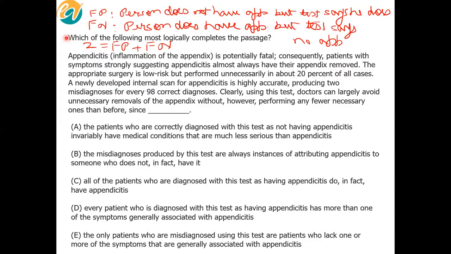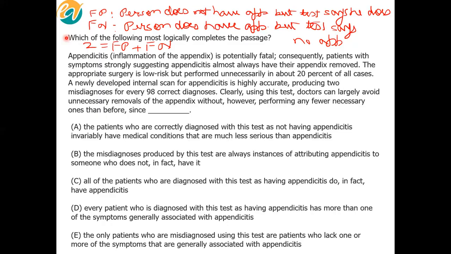Now they are no longer dependent on symptoms. They will go with whatever the newly developed scan is showing, correct? With the newly developed scan, when would it be the case that the surgery was necessary but still not performed? False negatives.